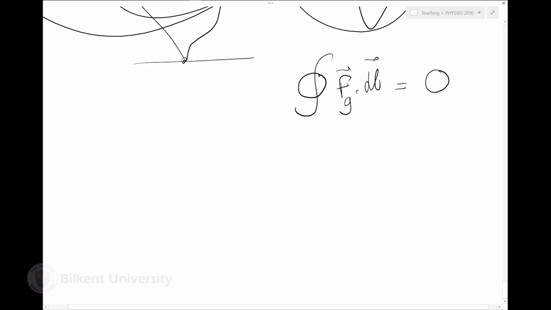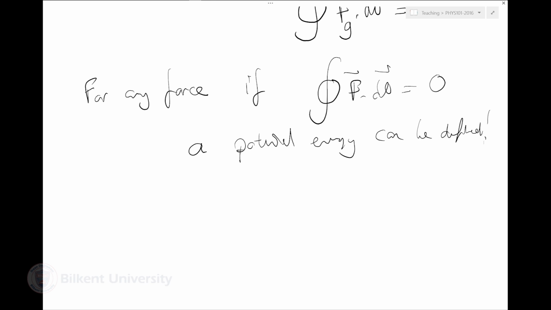So basically, if I am able to make sure that when I come back to the same point I have 0 work done by such a force, then it's okay. I can define a potential energy associated with that.